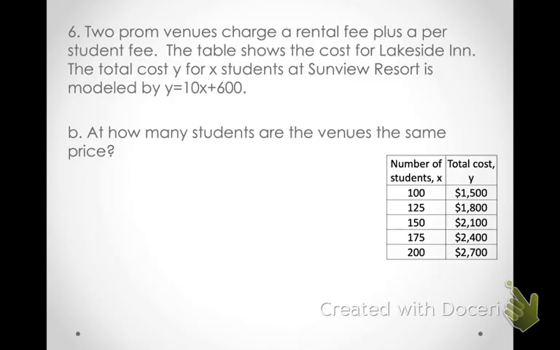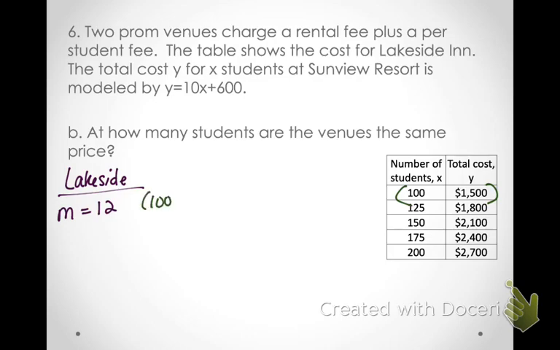Part B says, at how many students are the venues the same price? In order to answer this, all we have to do is set the equation for each venue equal. We have Sunview's equation, but we still don't have all of Lakeside's equation. We found that the slope was 12, so now we need to find our y-intercept.